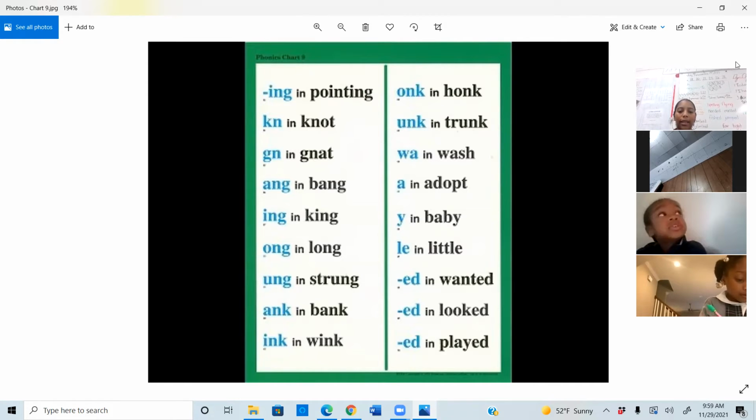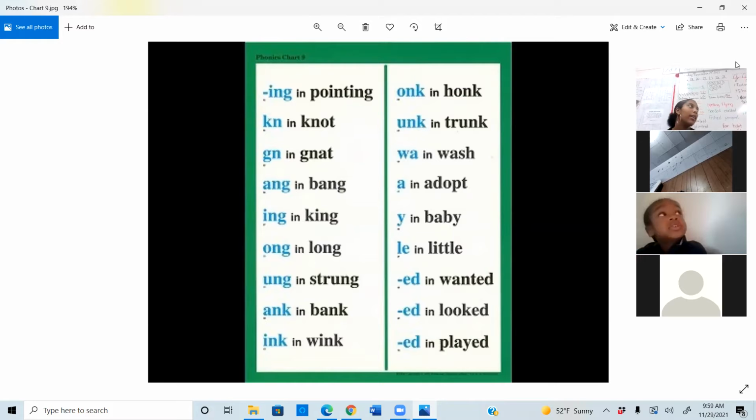ANK says ank, and bank. INK says ink, and wink. ONK says onk, and honk. UNK says unk, and trunk. WA says walk, and wash. A says a, and adopt.